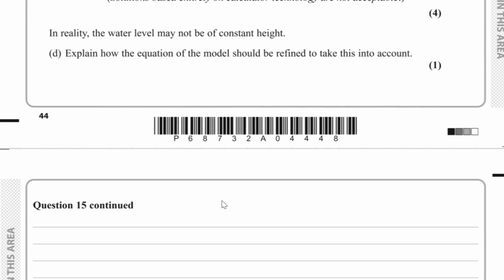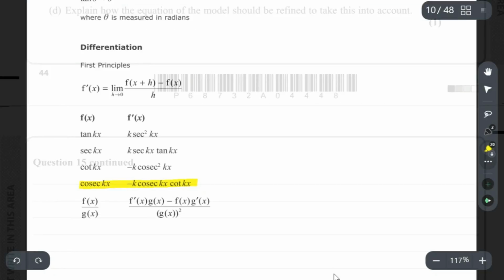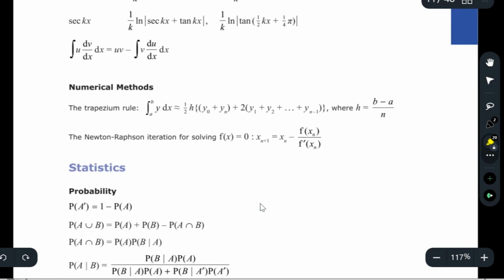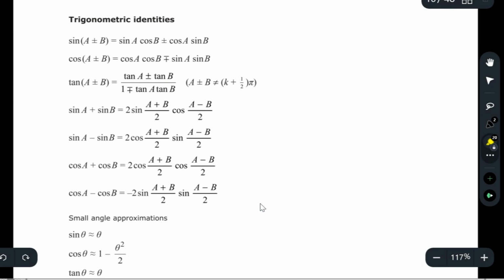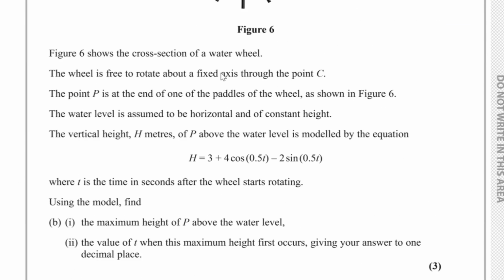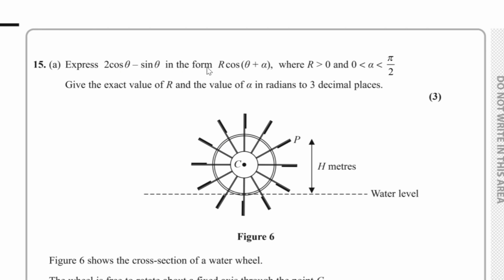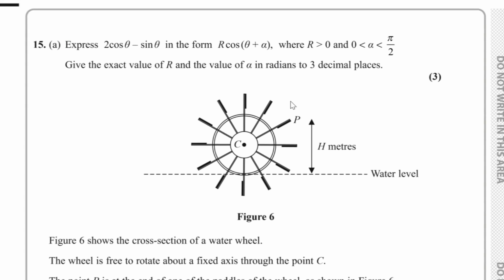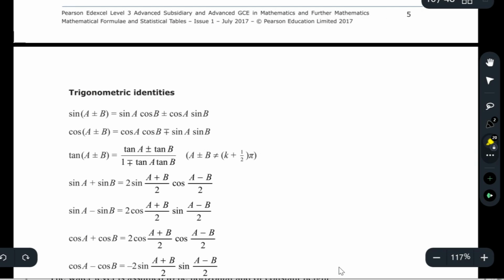Well, if we take a look in the formula book, in the trigonometry section, we are told that we need to express this expression in the form r cos of theta plus alpha. So we need to use this result here. Of course, we've got a plus here, so we'd have to use the minus here.